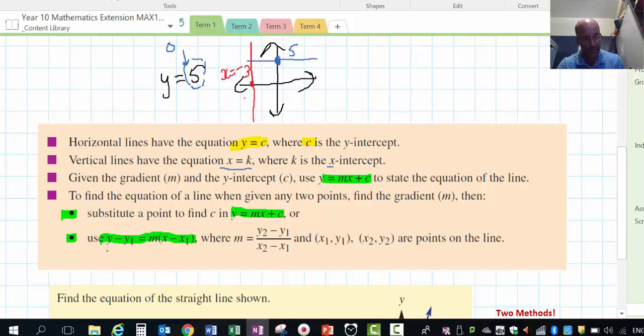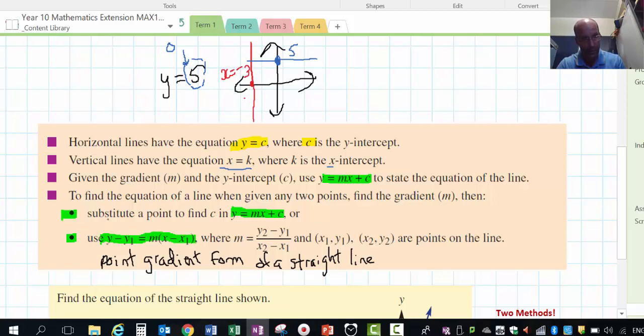Please make sure you know that's called the point gradient form. Take that down, that's very important. Point gradient form of a straight line or a linear function. You might have seen that last year previously.